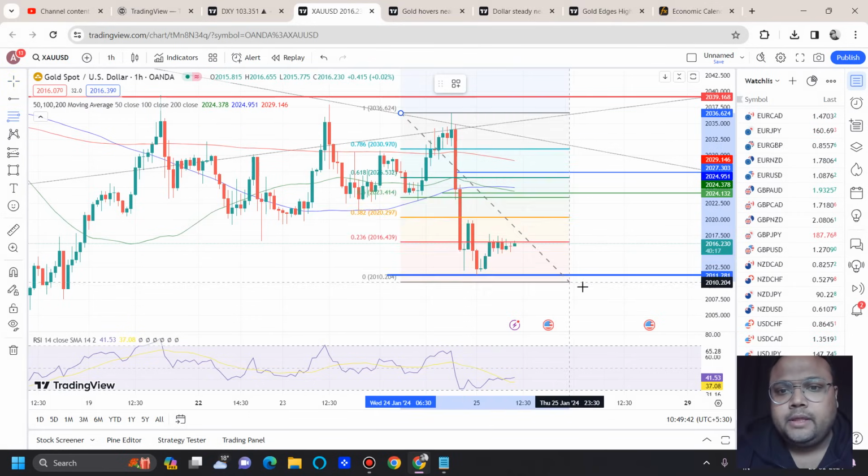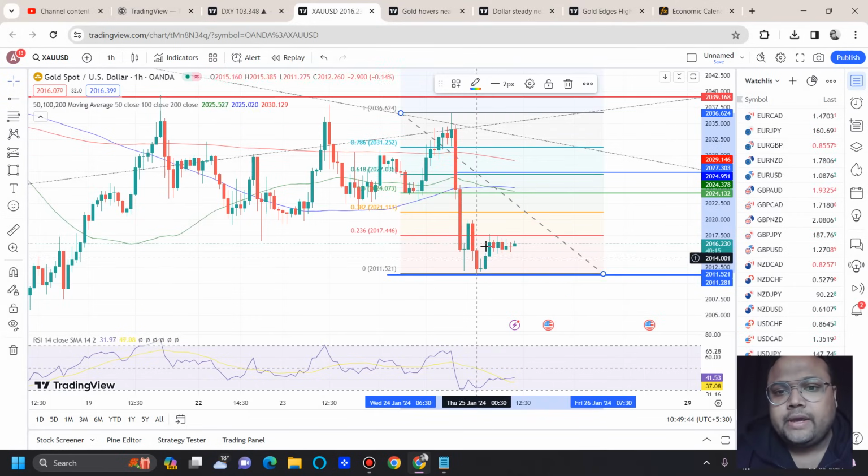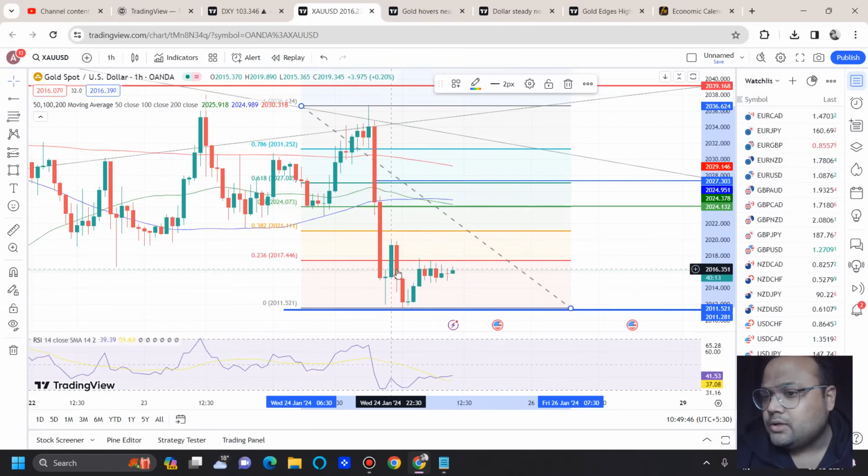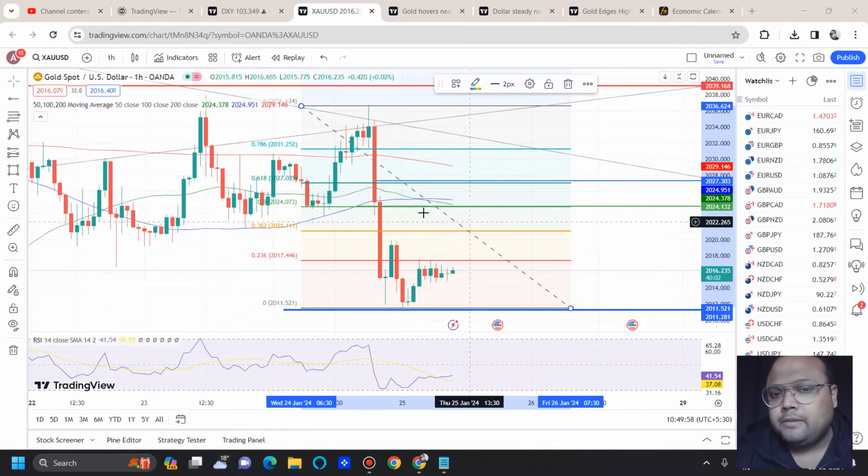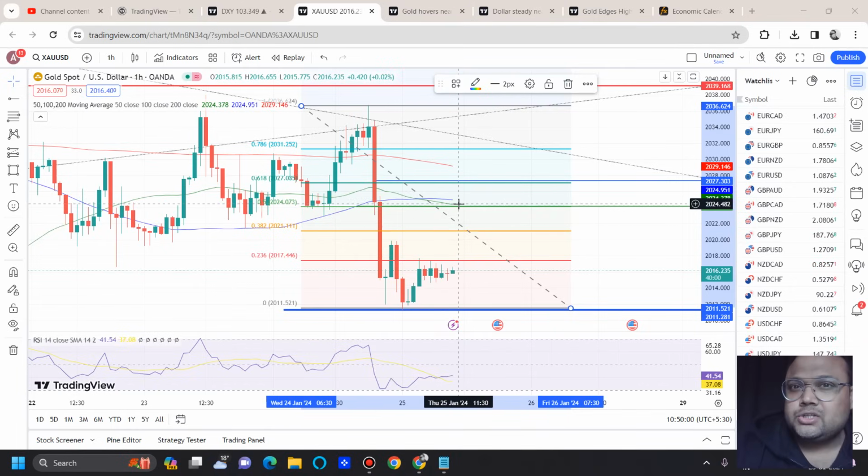Why? We are simply using Fibonacci here. We have seen Fibo is doing a good job, so that's why we are expecting 2024, 2027 to work as resistance again. But keep in mind, these two are not very strong, so as a result you need to be careful. As I said, there are multiple levels in the market, okay, but some are strong, some are weak.